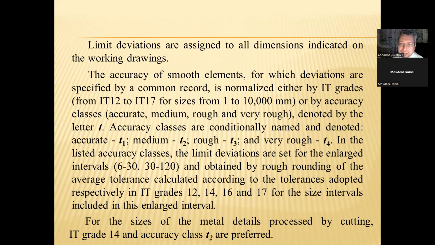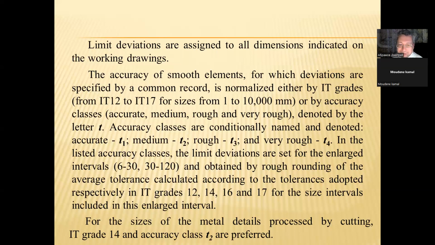The accuracy of smooth elements for which deviations are specified by a common record is normalized either by IT grades from IT 12 to IT 17 for sizes from 1 to 10,000 millimeters, or by accuracy classes: accurate, medium, rough, and very rough, denoted by the letter T. Accuracy classes are conditionally named and denoted: accurate T suffix 1, medium T suffix 2, rough T suffix 3, and very rough T suffix 4.